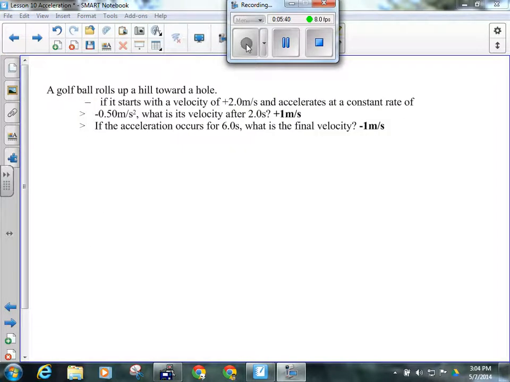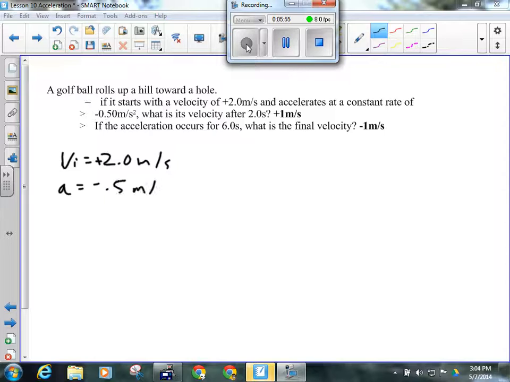Actually, we go back to the original givens here. It starts with a velocity of 2 meters per second, positive. The acceleration is negative 0.5 meters per second squared, and now our time is 6 seconds. So we're looking for VF.